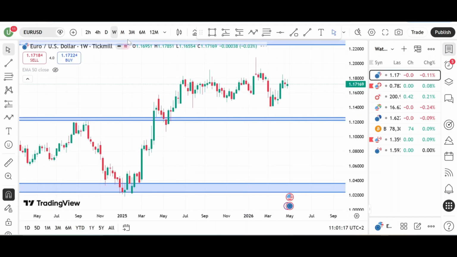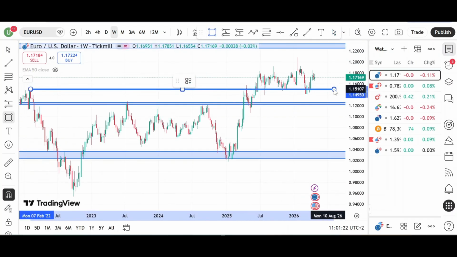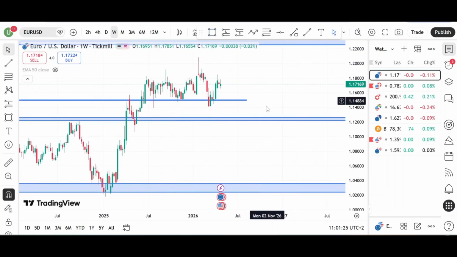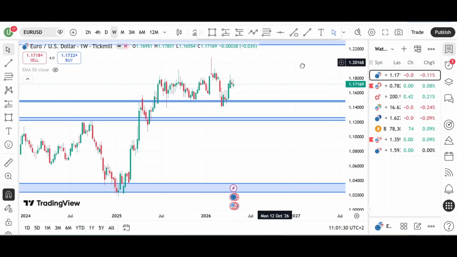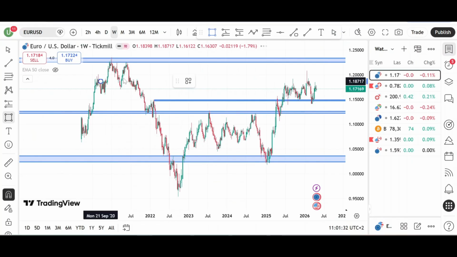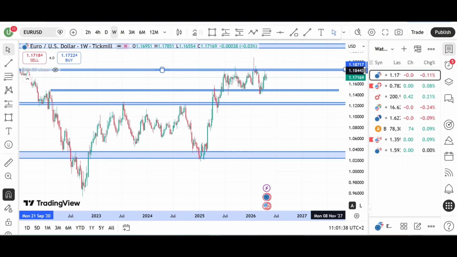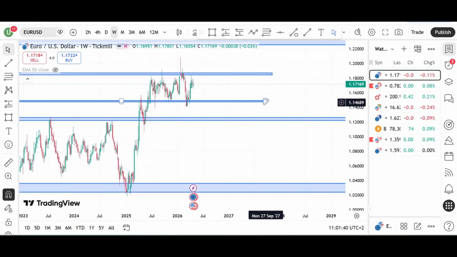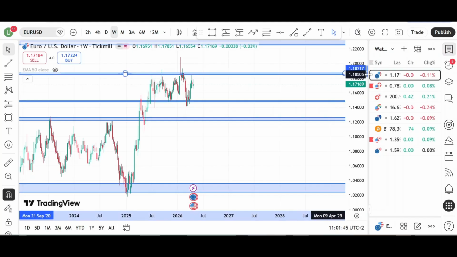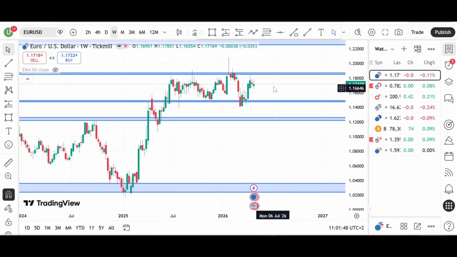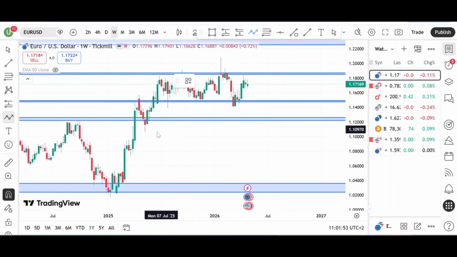In the weekly time frame, as you can see, this is the weekly lower zone, and this is the weekly upper zone here. We are in a range or a consolidation, but in an uptrend forming a bullish flag.